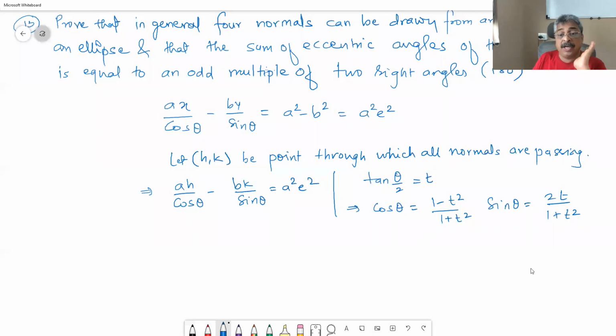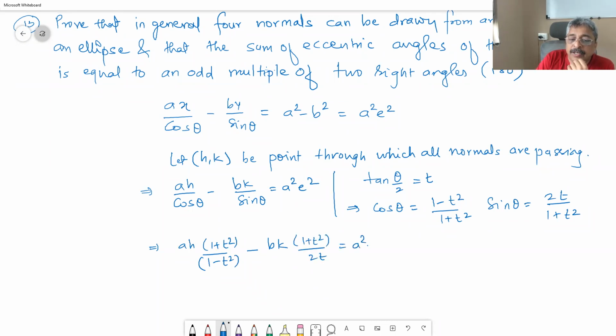Theta is our eccentric angle, but trigonometry is true, and hence by substituting here, what we are going to get is ah upon cos theta, so into 1 plus t square upon 1 minus t square, minus bk upon sin theta, which is 1 plus t square upon 2t, is equal to a square e square. Now you clear the denominator and you will get an equation in T4. Write down that equation equal to 0.